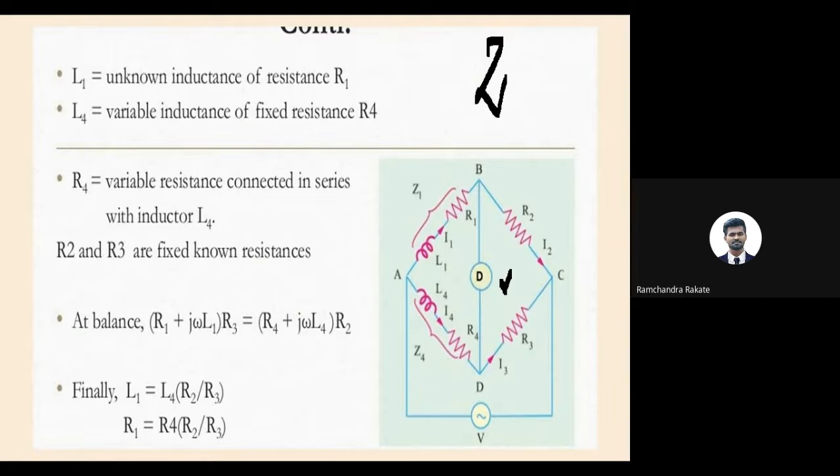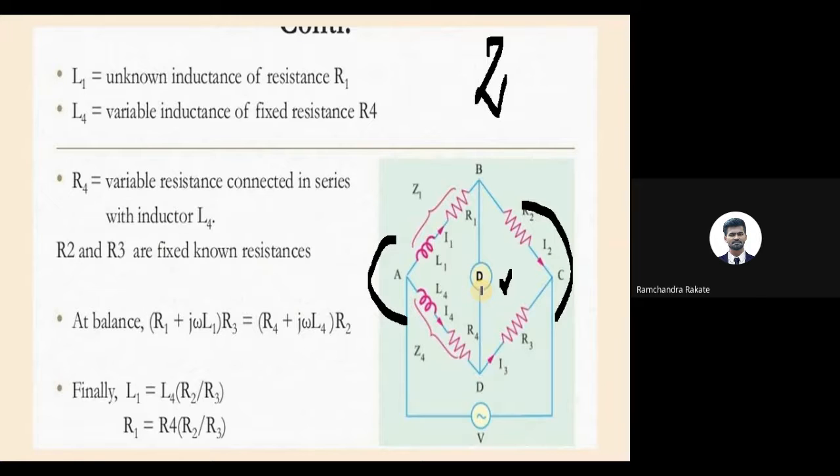If these two arms of the bridge circuit get balanced, it will show null deflection, and whatever the amount of that particular inductance is, that is your unknown inductance. So we are simply comparing the ratio arms, through which we are balancing our detector value. If it shows null deflection, we say it is a balanced bridge.